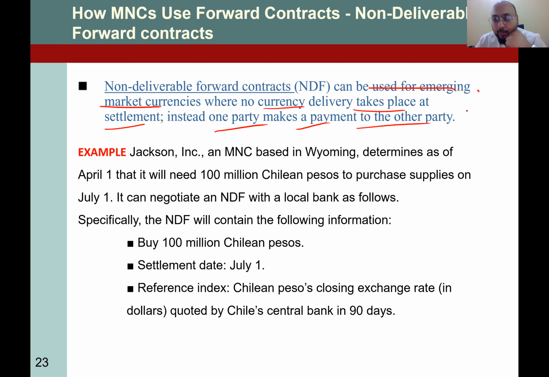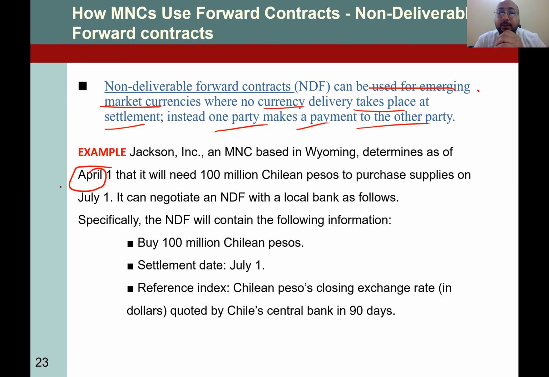So Jackson Incorporation, an MNC in Wyoming, determines as of April 1st that it would be needing 100 million Chilean pesos to purchase supplies on July 1st. Right?